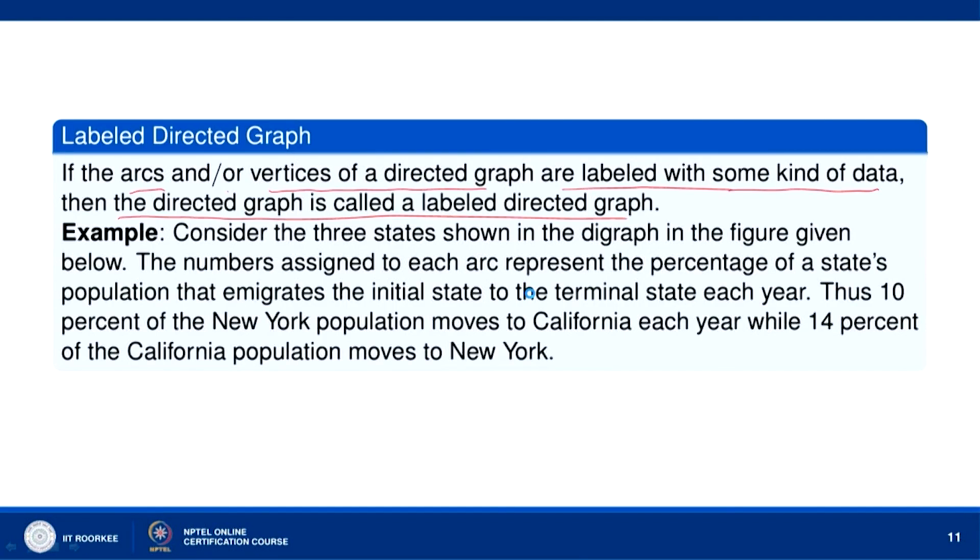Now, let us see what the problem is. Consider the 3 states shown in the digraph in the figure given below. The numbers assigned to each arc represent the percentage of a state's population that immigrates from the initial state to the terminal state each year. Thus, 10% of the New York population moves to California each year.